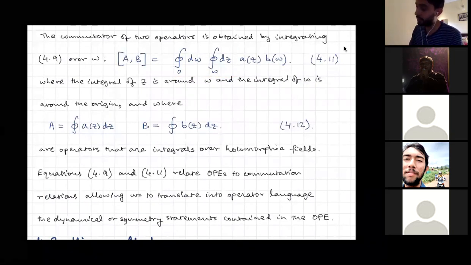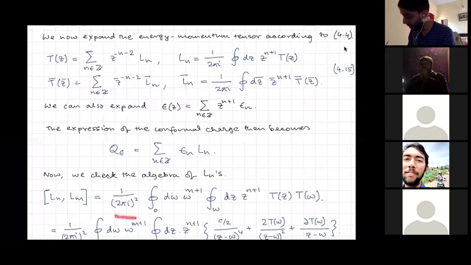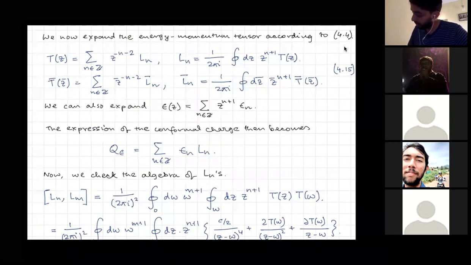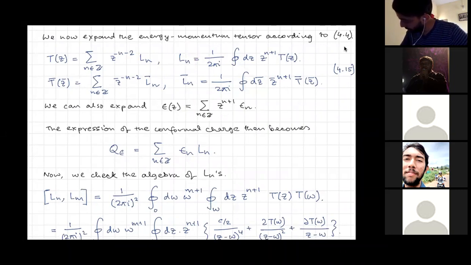So L_n with L_m is going to be given by 1 over (2πi) squared that you get from these pieces, you have ω to the m plus 1 for one of them, and z to the n plus 1 for the other, and you will have T(z) and T(ω). So that's what you have.